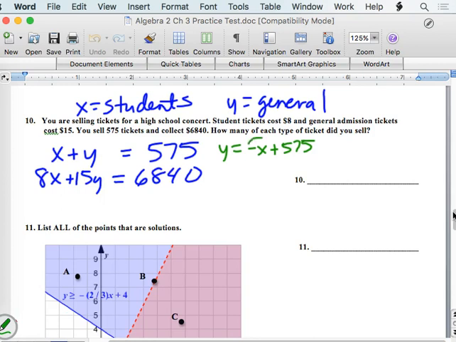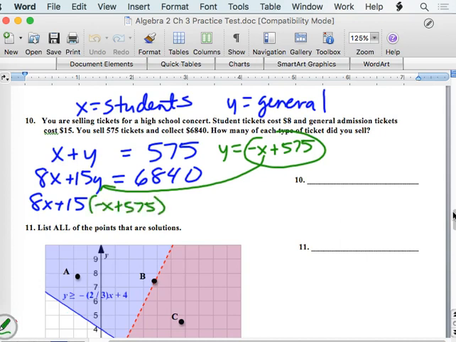So we'll take this, and we'll put it in for y. Then we distribute, so 8x minus 15x.